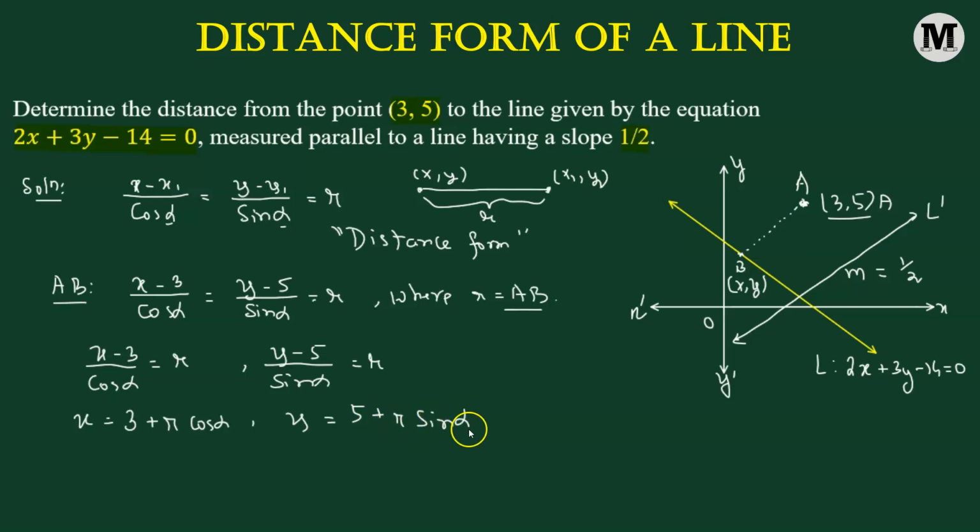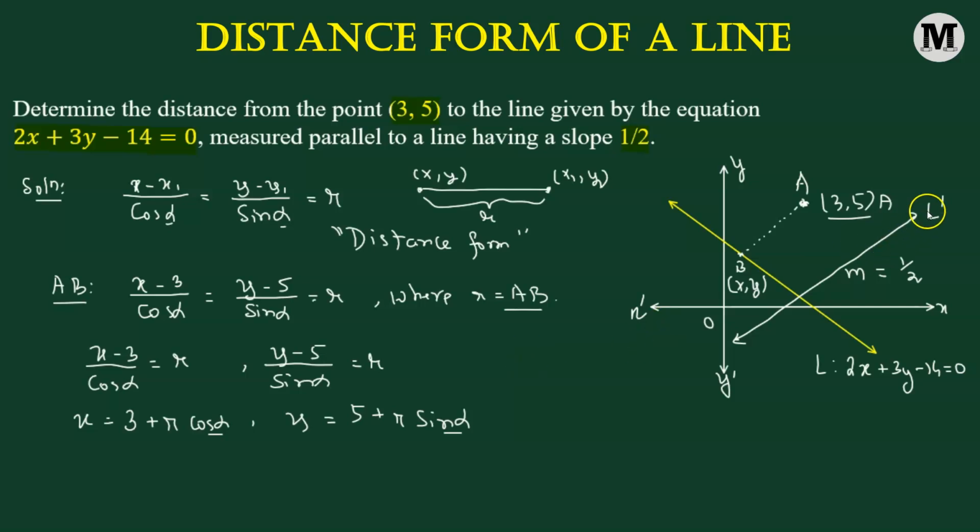So here what we have done is we have taken the coordinates of the point B, which were x and y, and converted them into parametric form. Here r is the parameter. Now that we have the coordinates of x and y, our next task will be to determine the values of cos α and sin α.